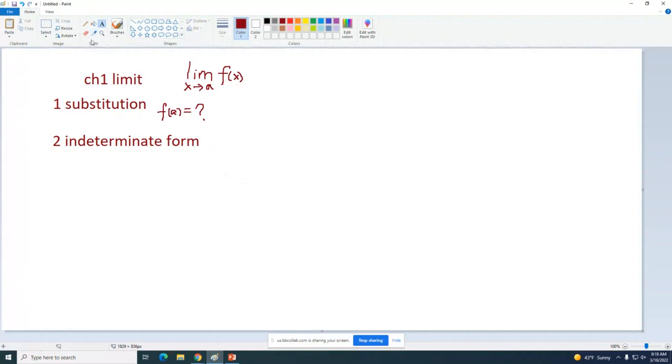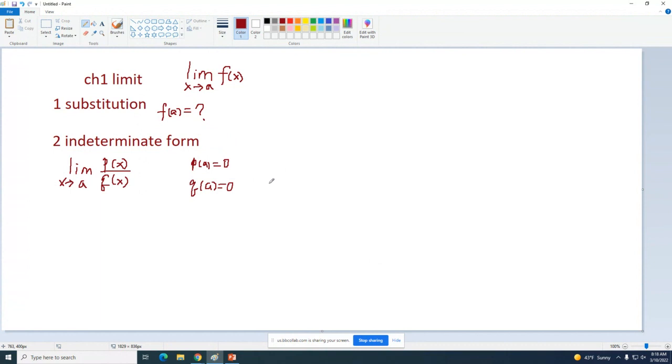Right, the first form of the indeterminate case is when you have a limit of a division. Let's say you have the limit of p of x divided by q of x, and x is approaching the number a. The first case is p of a equal to 0 and q of a equal to 0.